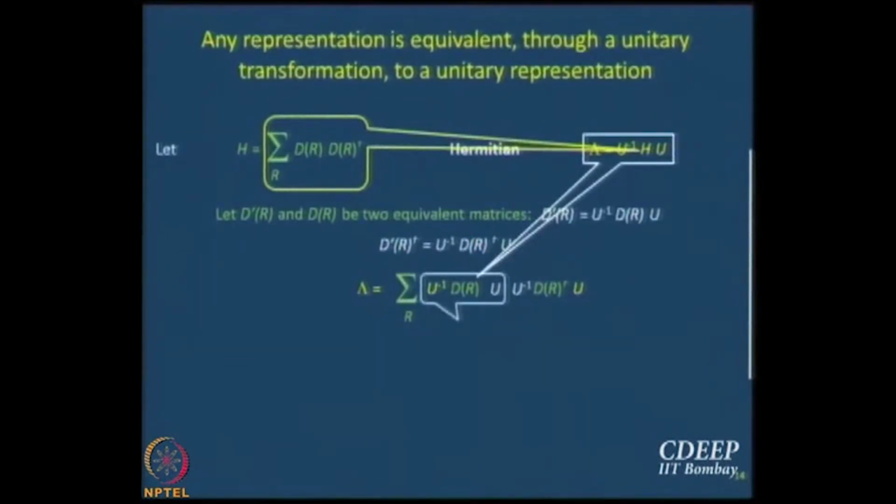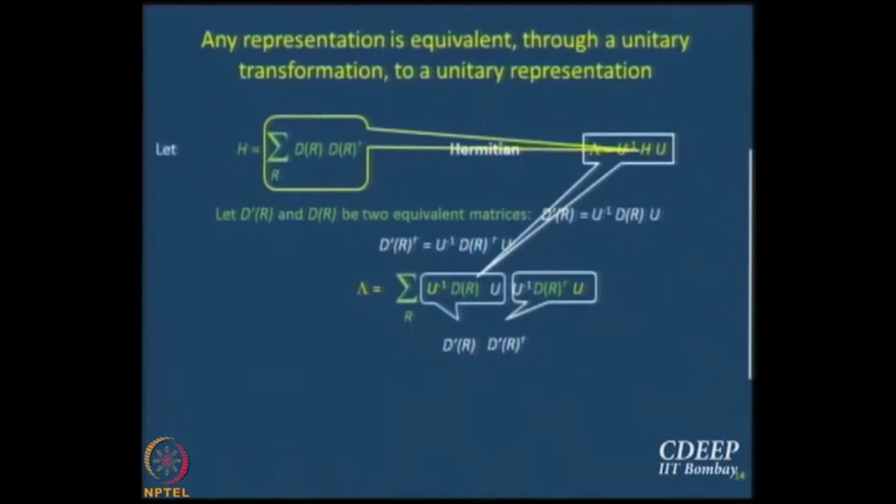What does it give me? It gives me d prime r. Second one is also a similarity transformation, d prime r dagger. Okay. So nice. I can write this, and if I sum this up over r, then I get lambda.